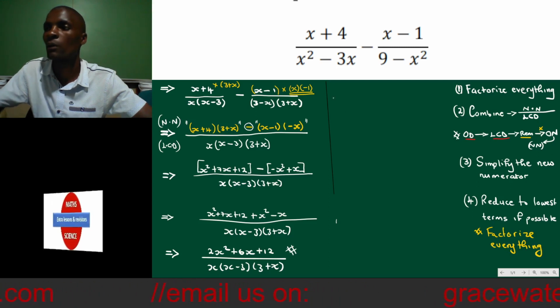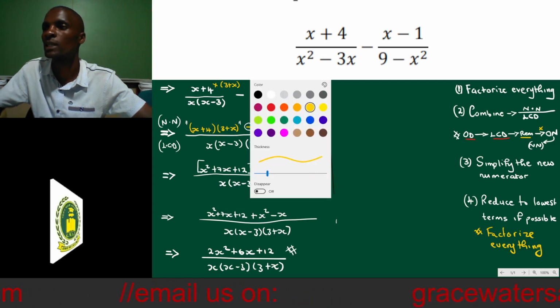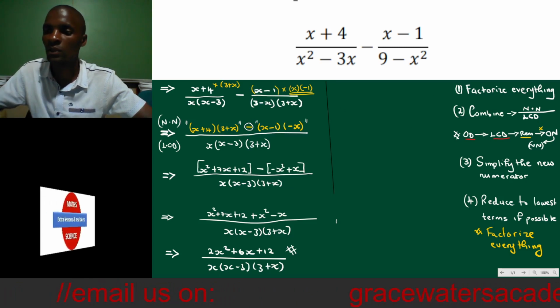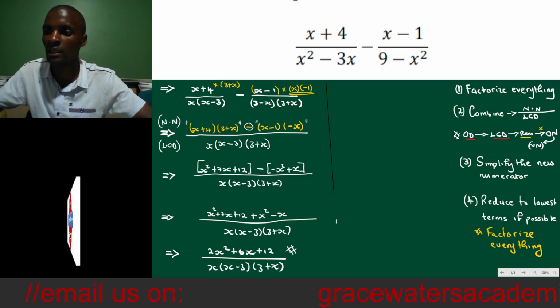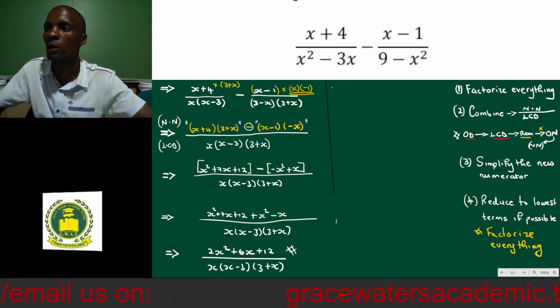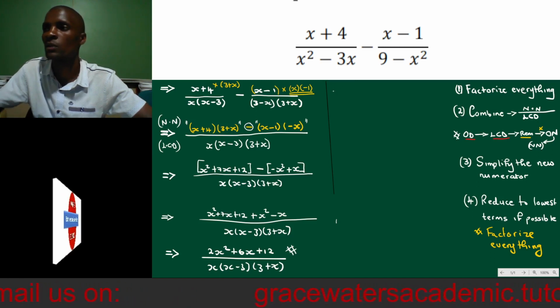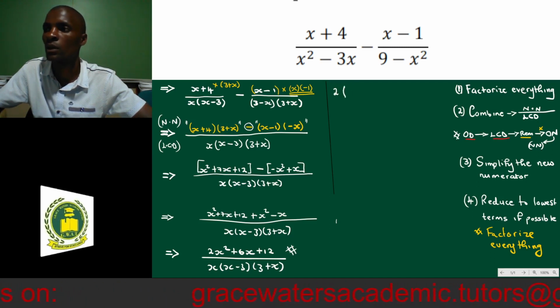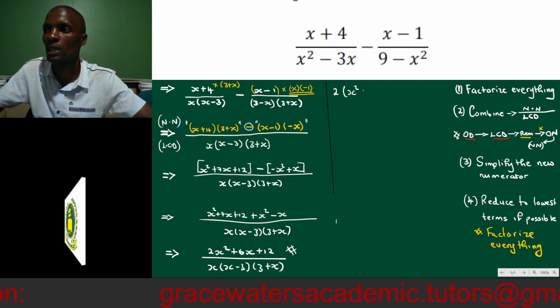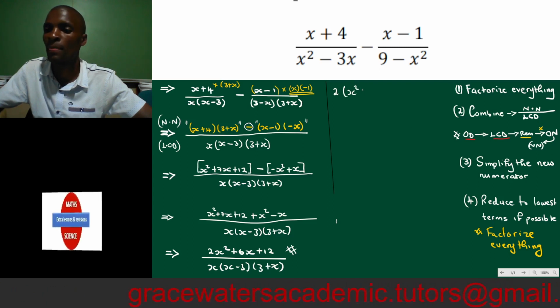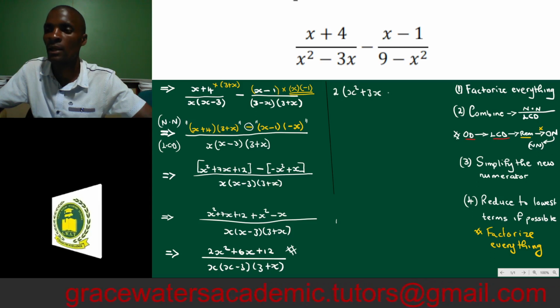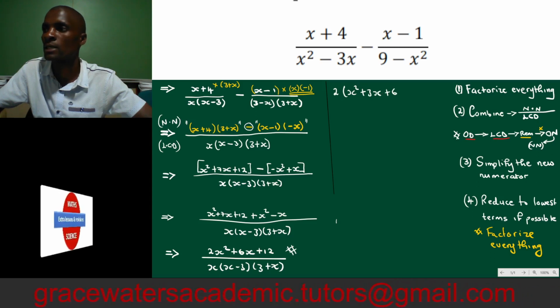This means what we are going to do is to factorize the numerator, which reads 2x squared plus 6x plus 12, and the only way of factorization is to use HCF, whereby we are taking out 2 and then we are left with x squared plus 3x plus 6.